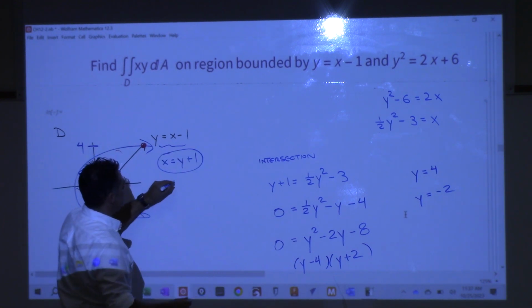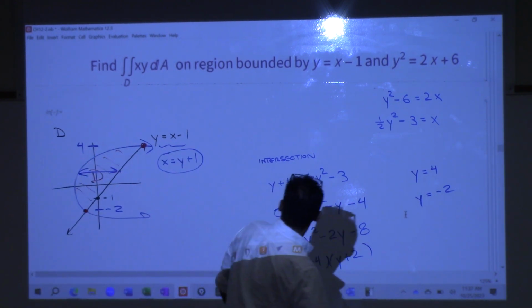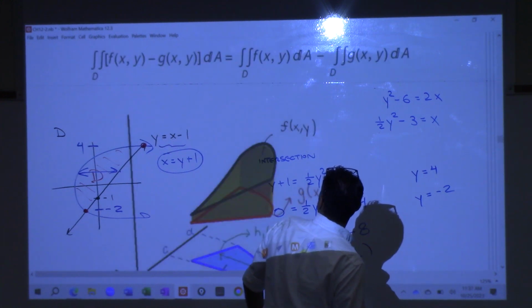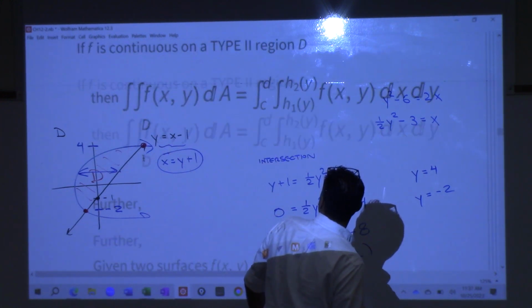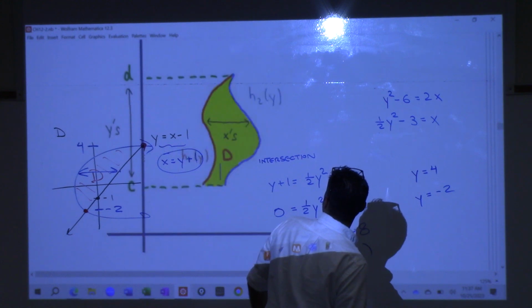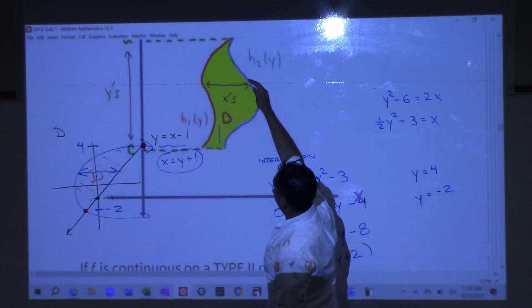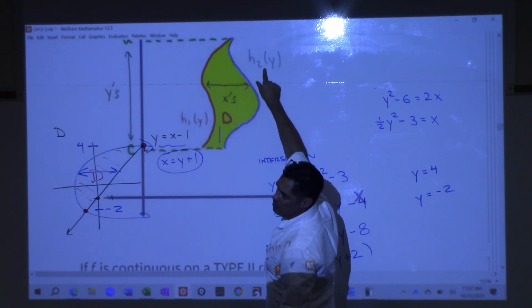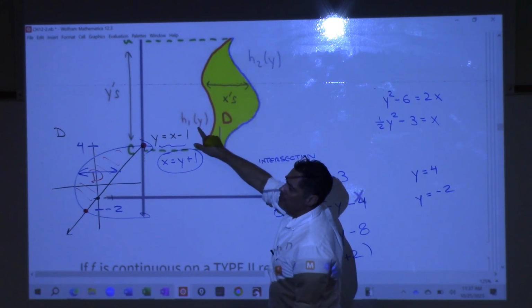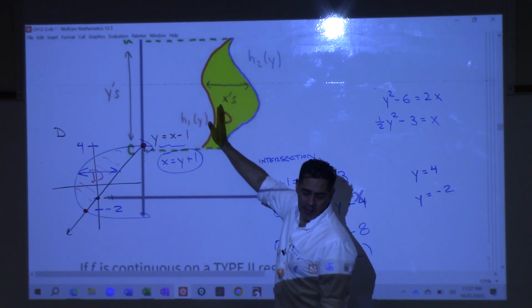So if you go to the notes, in my notes, this function of y on the right-hand side, that's what I call the h2 of y, and this one is the h1, the one on the left.